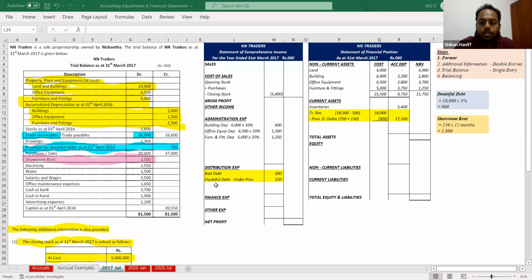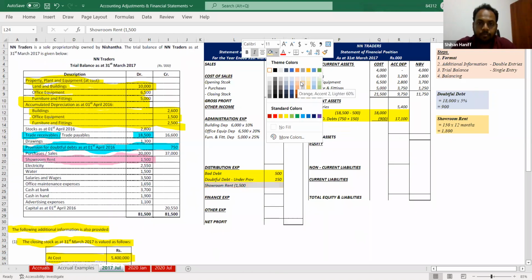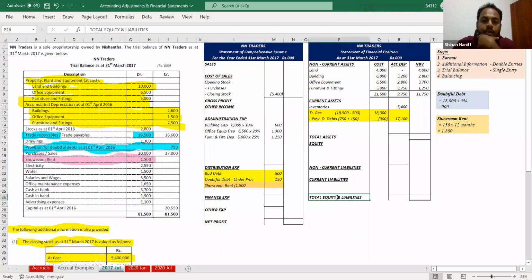Showroom is used for sales purpose, so showroom rent is distribution expense. 1,500 already paid.